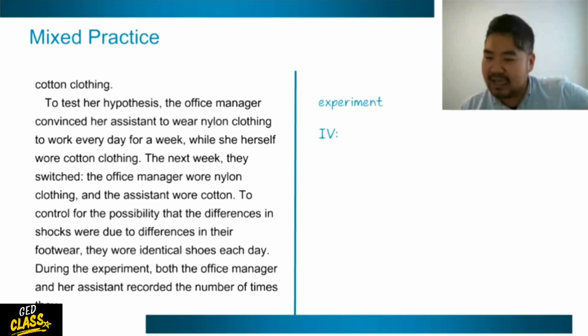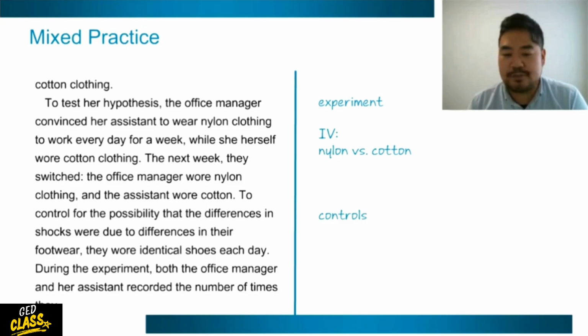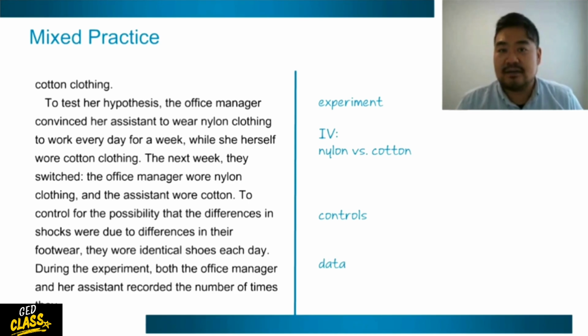So if we break this down, the independent variable is going to be the different material, nylon versus cotton. The control is going to be keeping the same type of shoes. They wore identical shoes each day. During the experiment, both the office manager and her assistant recorded the number of times they experienced shock. So then that is going to be our data, right?